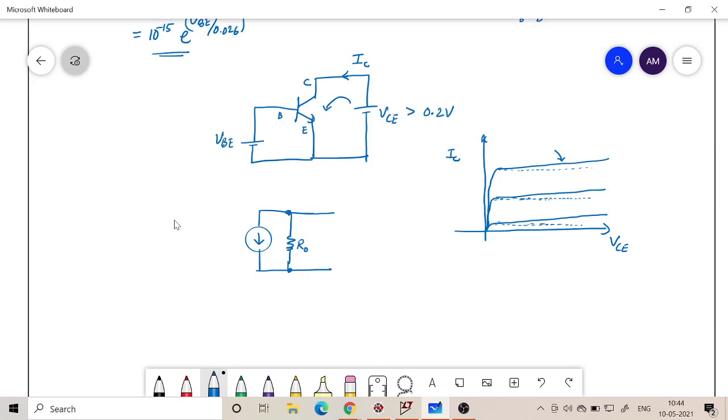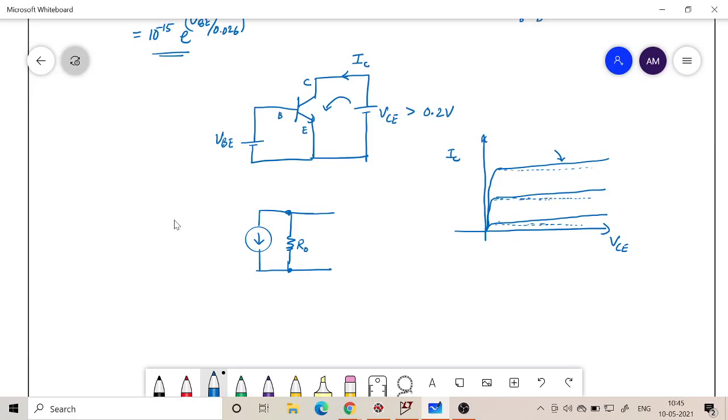If you introduce a resistor, then we can explain this slope here. So effectively you need to consider it as an ideal current source in parallel with a resistance. Now tell me whether the value of the resistance should be very large or very small for us to get a completely horizontal curve for IC versus VCE. When we plot IC as a function of VCE, if you have to get a completely horizontal curve, what should be the value of R0?